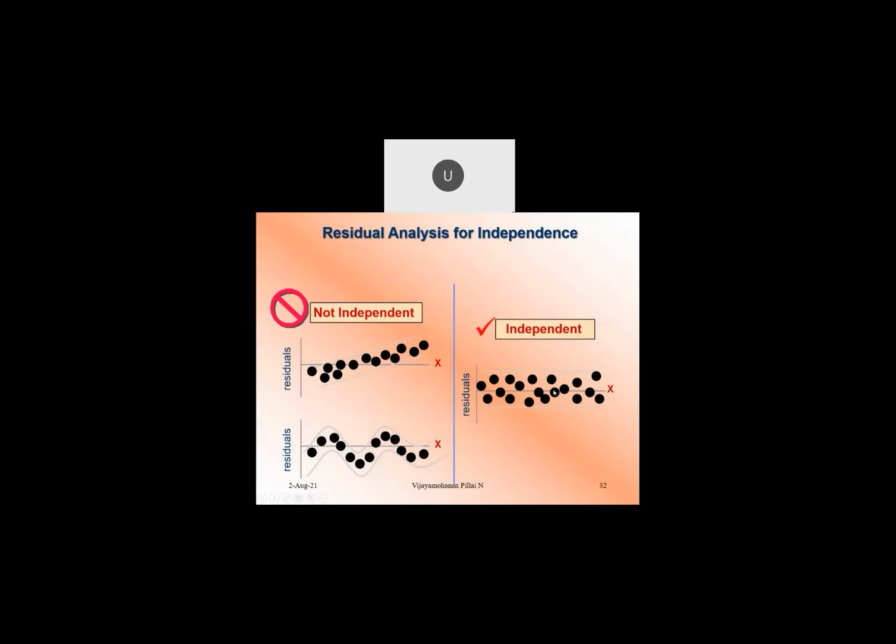Then the normality assumption, whether the errors are normally distributed or not. In this particular case, the residuals are not normally and independently distributed with the zero mean and sigma square variance, because the skewness and kurtosis assumptions are not satisfied.